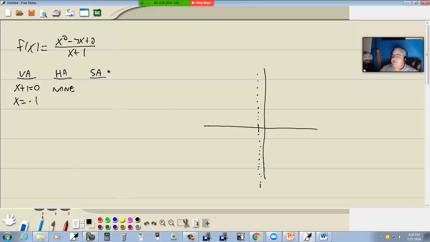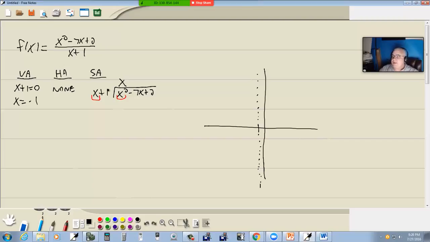Our slant asymptote, or oblique, we're going to use long division. So it'll take x squared minus 7x plus 2 divided by x plus 1. Remember, we take a look at the first term of each, the x and the x squared, decide what goes up on top. You ask yourself what times x gives you x squared, and that'd be x.